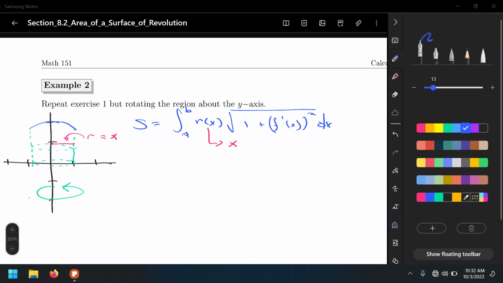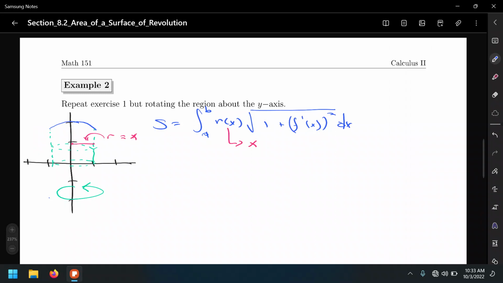All right, and I forgot the 2 pi here. So 2 pi integral from -1 to 1 of r of x, which in this case is x, times the square root of 1 plus the derivative of the given function.